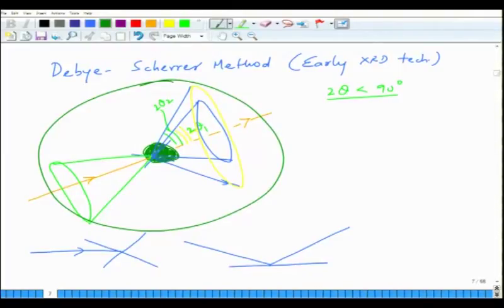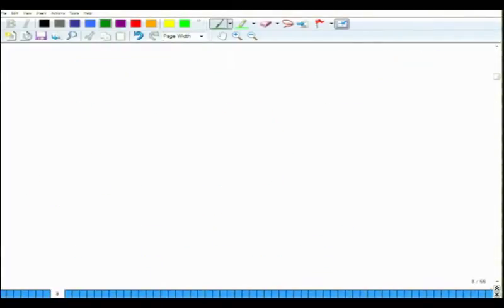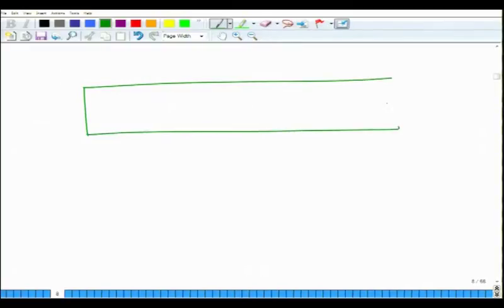So basically, if you open up this film, the film will be like this. This is your film. This is your incident beam, this is your diffracted beam. The first cone, with the lowest 2 theta, will intercept the film like this. The second one will intercept like this.